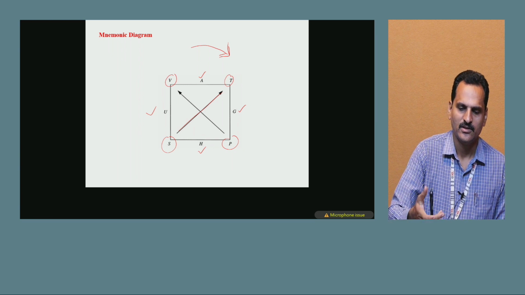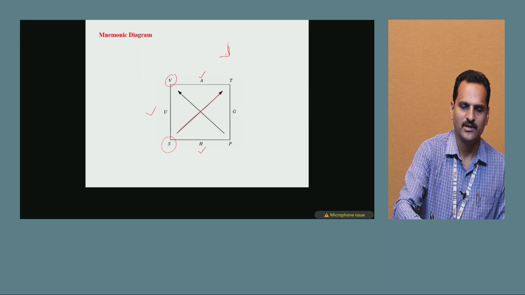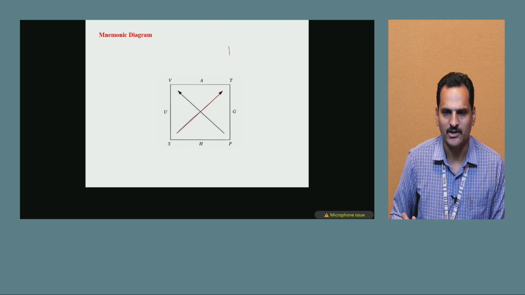Okay, so let's discuss this mnemonic diagram in an easy, simple way to understand the Maxwell equations.